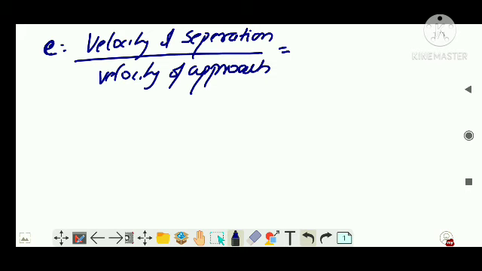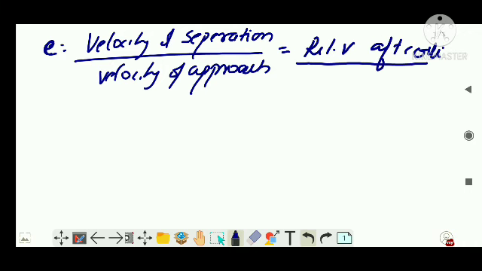So there is another way of approaching the coefficient of restitution: the relative velocity between the bodies after collision divided by the relative velocity before collision, right?